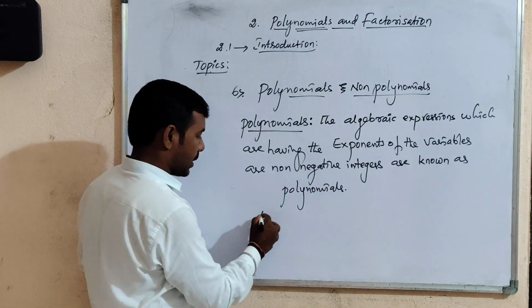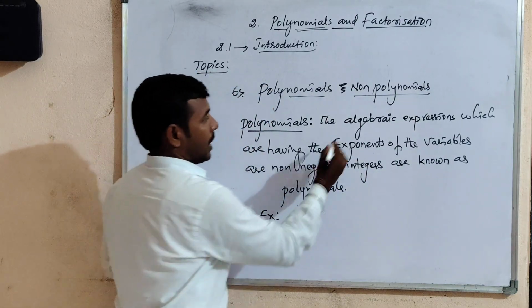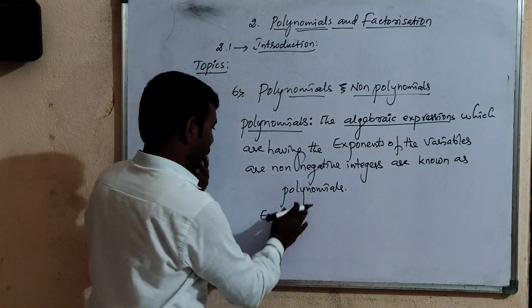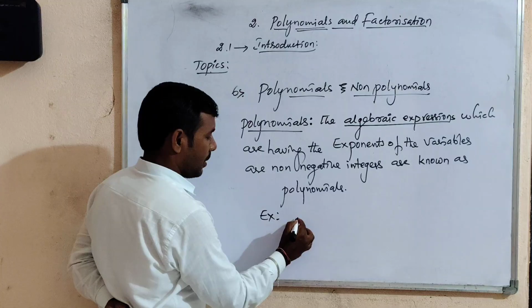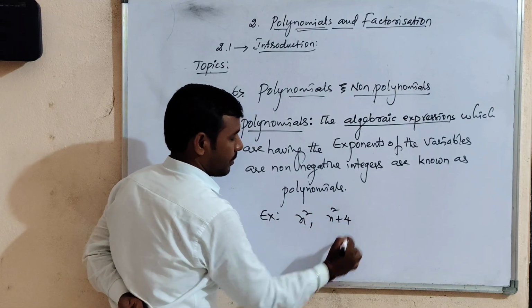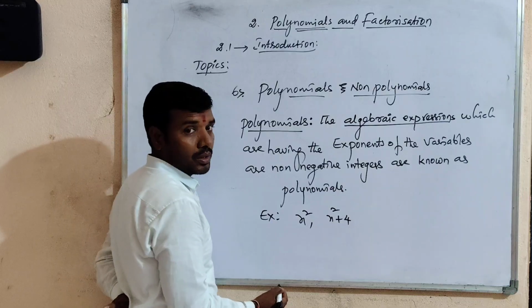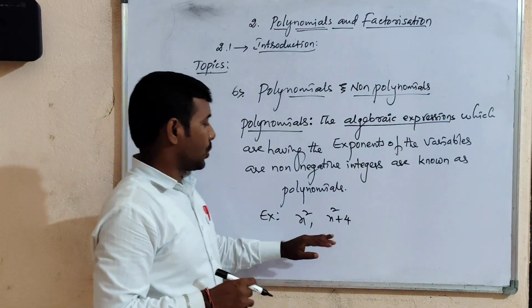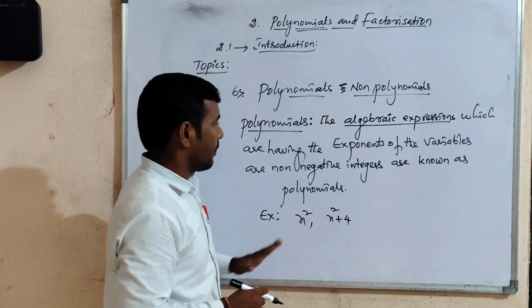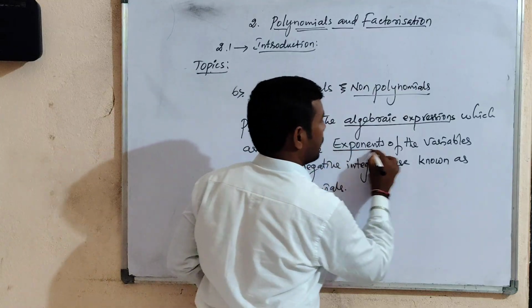For example, through an example you can understand. Now I want to give a few algebraic expressions. For example, x square plus 4. I took two algebraic expressions which are having exponents of the variable.